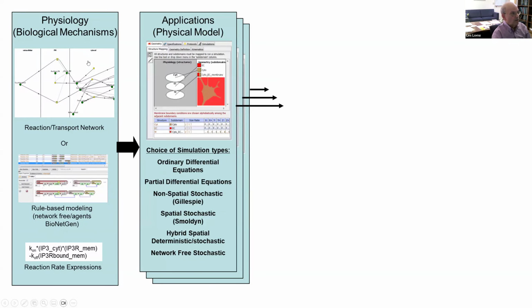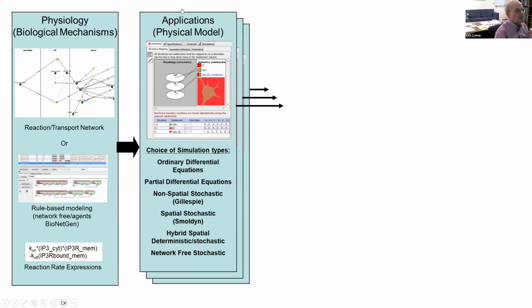So a single physiology can produce many of these components of the model called applications. You can think of them as different ways of solving the problem, depending on what your question is.